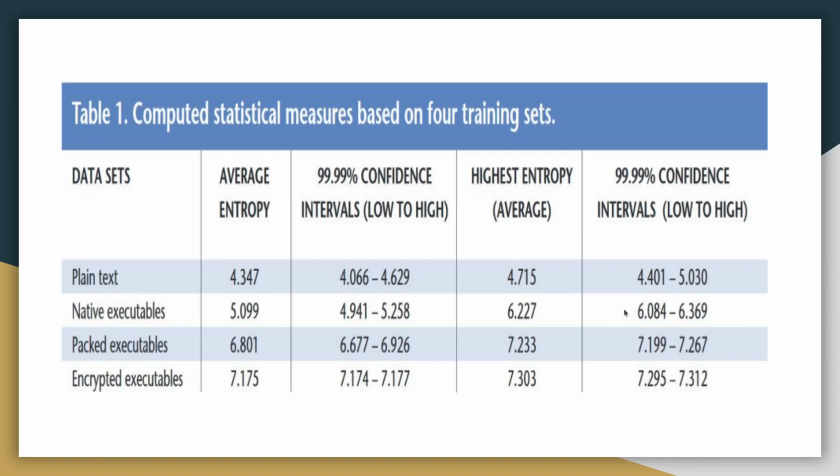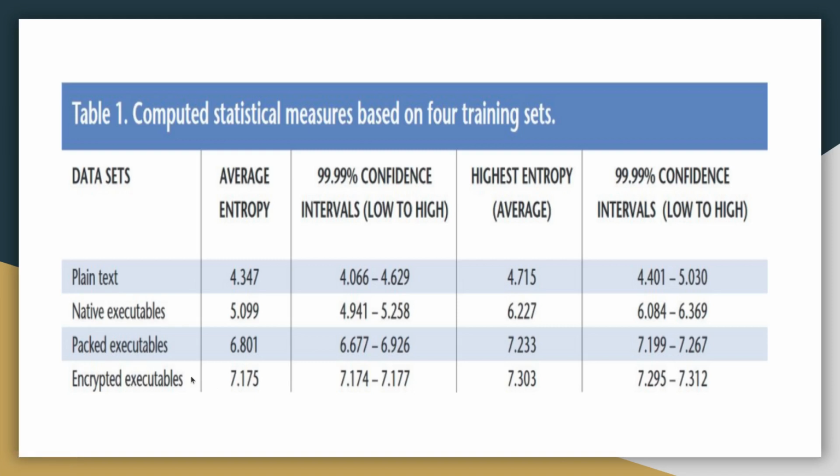Whenever we are looking at PEStudio or PEview and we see the entropy level within this range, we can say it is just a native executable and nothing is packed. But if we see the entropy level at around 7.199 to 7.267, we are able to determine that the binary is actually packed or obfuscated. There's a lot of random data in there that we cannot read with strings.